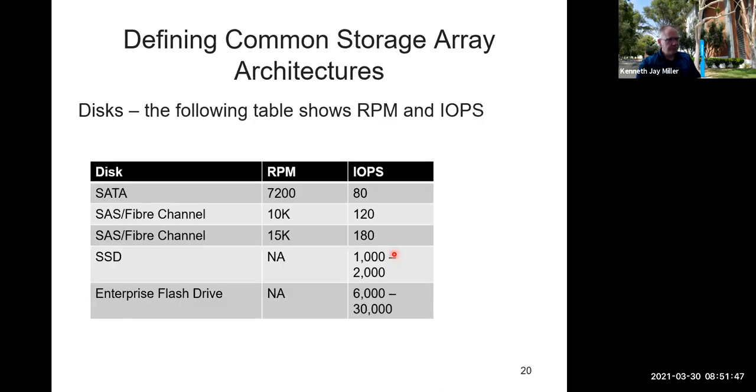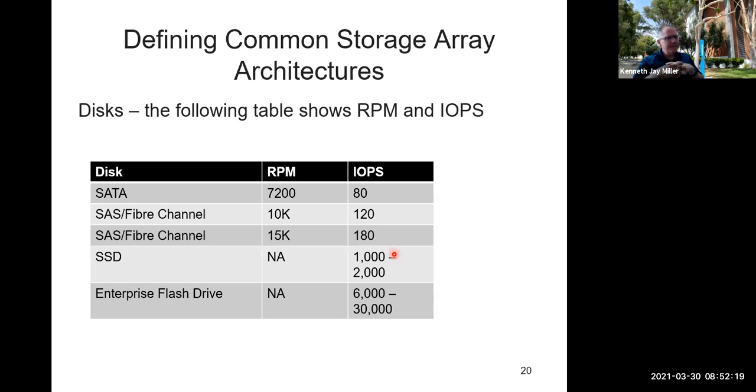All right. So different disks will have different speeds, which will allow them to have a varying input output per second. So a typical SATA hard drive, and if you see RPM, that means it's a spinning hard drive, at 7,200 RPMs, the input output per second is 80.